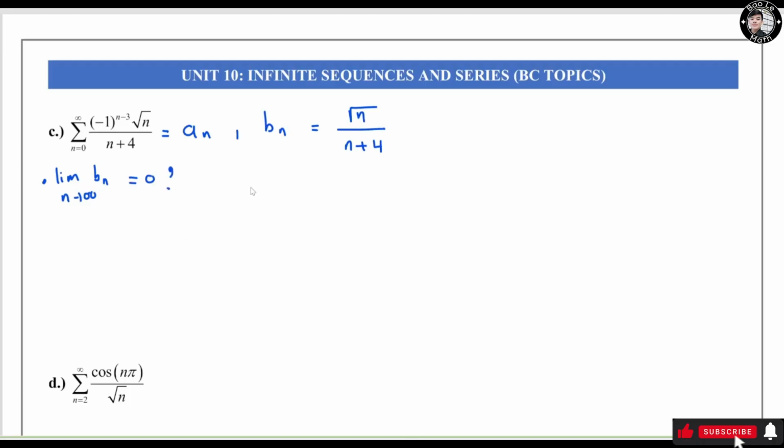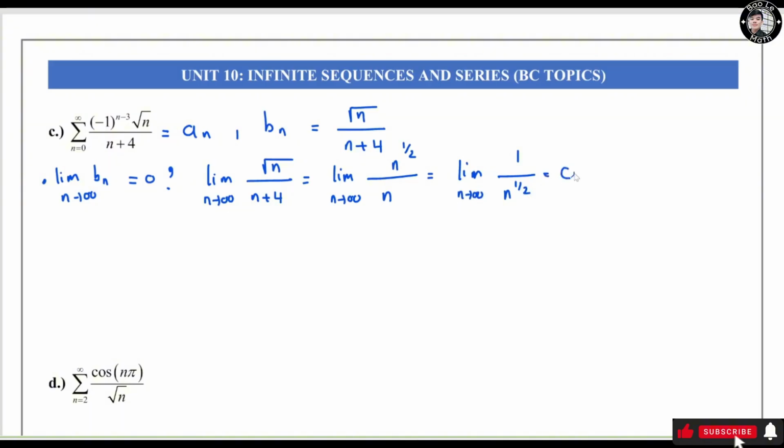So, I'm going to take the limit of the square root of n over n plus 4 as n approaches infinity, which equals the limit of n to the power of 1/2 over n as n approaches infinity. I can drop the 4 by relative growth rate. So this is the same thing as the limit of 1 over n to the power of 1/2 as n approaches infinity, so it's 0. So the first one is met.